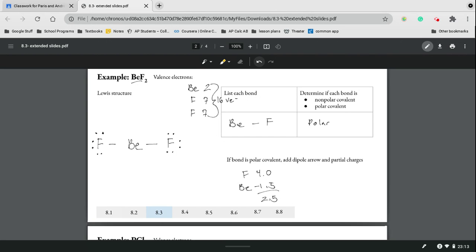So it is a polar covalent bond, which means we add our dipole arrows and partial charges. Since fluorine is the more electronegative, it gets that delta negative on both ends, with beryllium getting that little delta positive and the arrows pointing to fluorine, with the plus signs near beryllium.